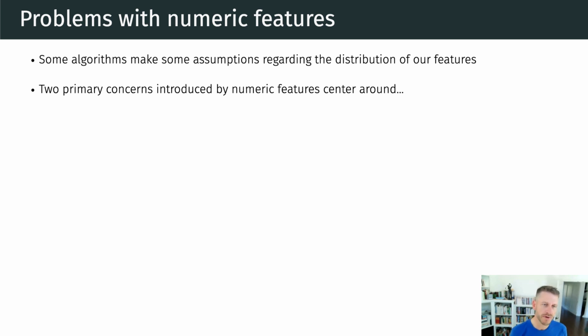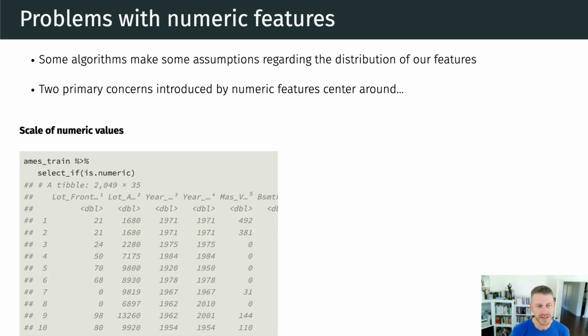And there's two primary concerns that can be introduced because of this distribution idea. One of them is the scale or the magnitude of which the numeric values are represented in. So if we look at some of our numeric features within this Ames data, you can see that we have some that are relatively small, such as here, I think this is the lot frontage.